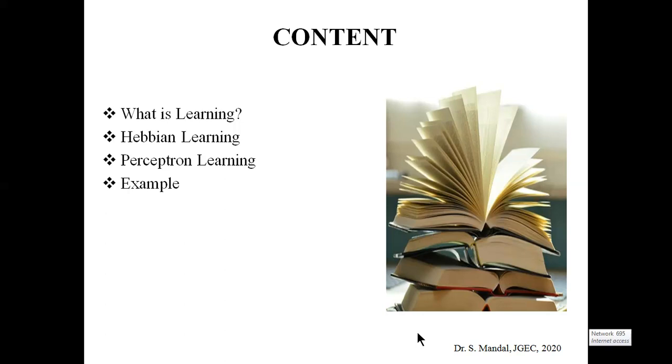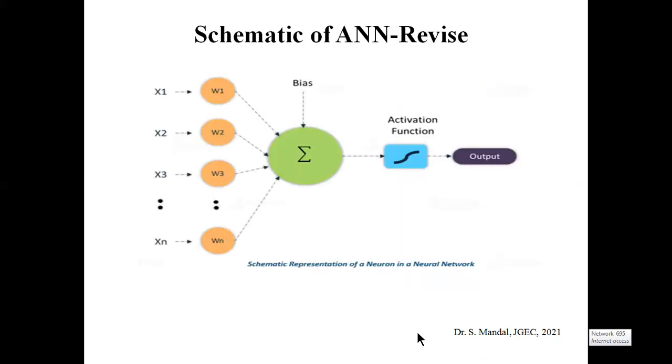Okay, so let's proceed. So first of all, let's revise the basic concept of artificial neural network. As you already know, that artificial neural network or ANN is inspired from the biological neuron of human brain. Okay, and in case of ANN, we can see that it consists of basically two layers.